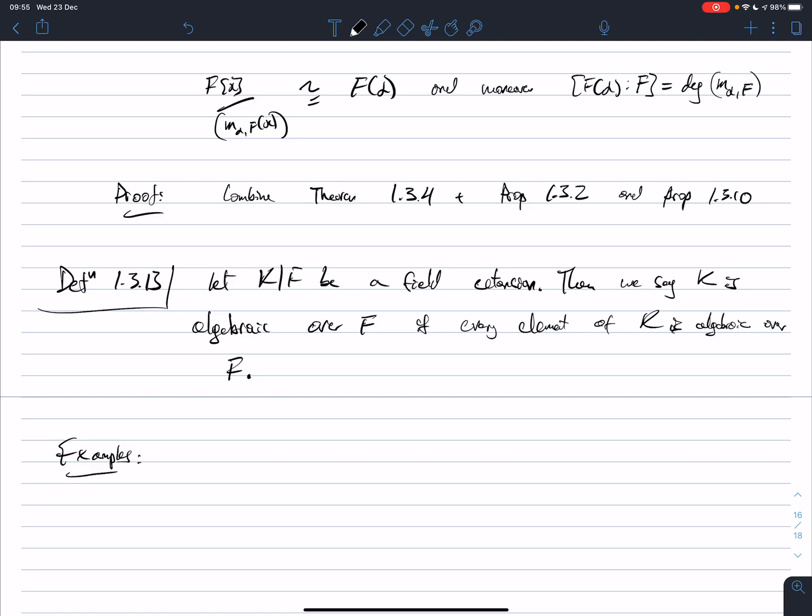Like our favorite one, Q(root 2), this is algebraic over Q, and for example, the complex numbers is algebraic over R.